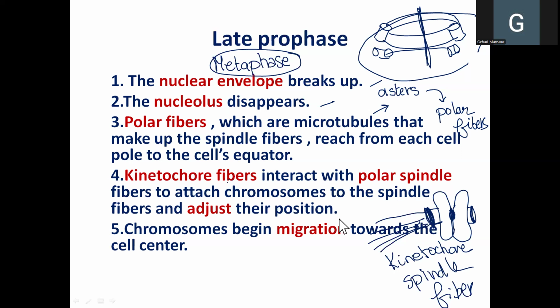This is one of the important events in the cell, alignment of the chromosomes on the equator by the kinetochore spindle fibers, because if this alignment is not correct, we might have an incorrect division of the chromosomes or the sister chromatids on the two daughter cells, and this might result in a chromosomal, not a gene mutation.